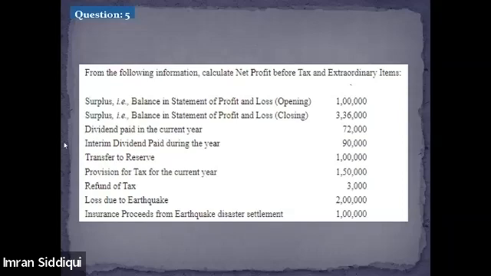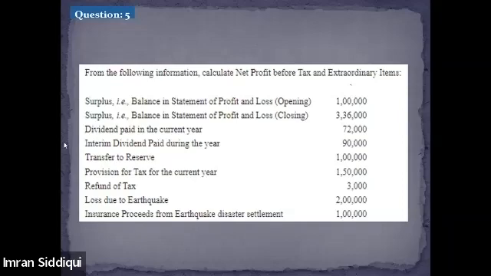After that, once you get the amount of profit, you need to add certain items. Please note it somewhere in your notebook. We will be adding extraordinary items such as the amount that we have transferred to reserve, proposed dividend, interim dividend, provision for taxes, extraordinary items. All of these items are extraordinary expenses. We will have to add them.